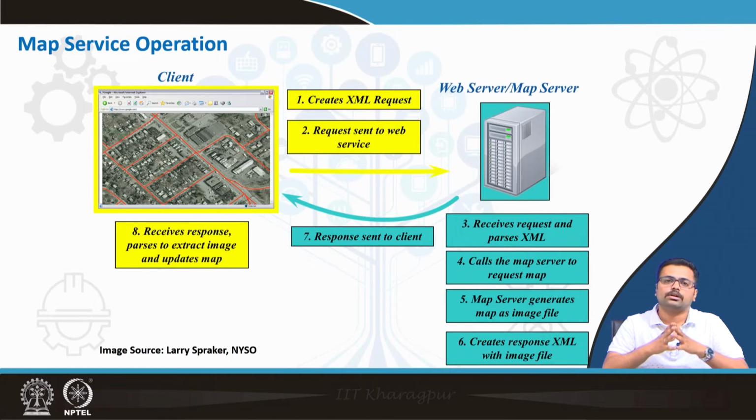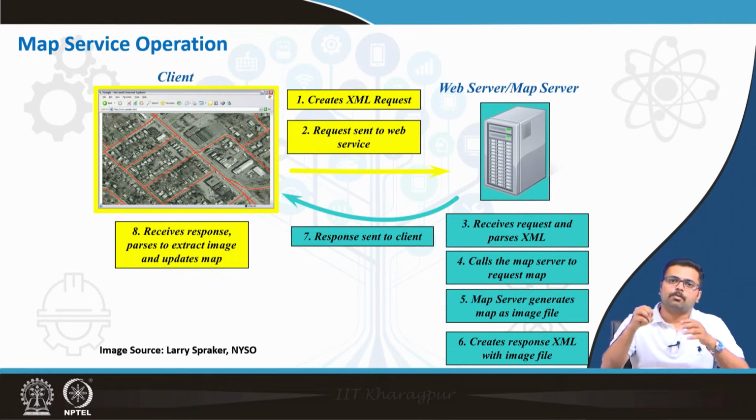Here the client requests whatever data they need. So it creates an XML request, and that request is sent to the map server or web server. So the web server has a huge repository of data.